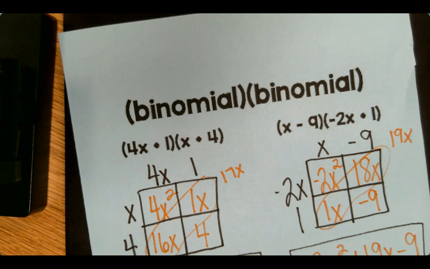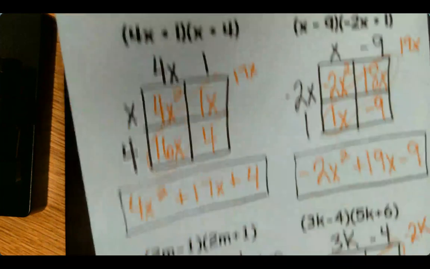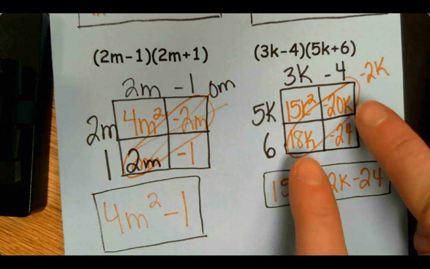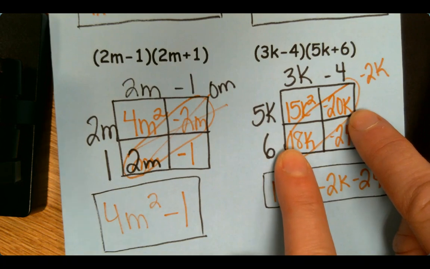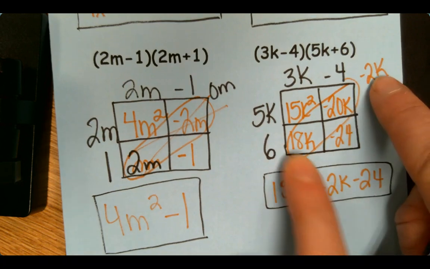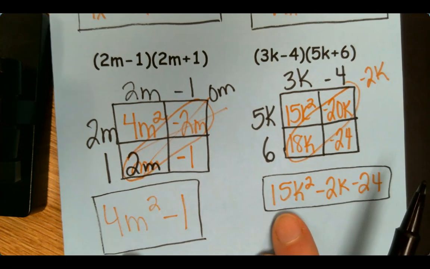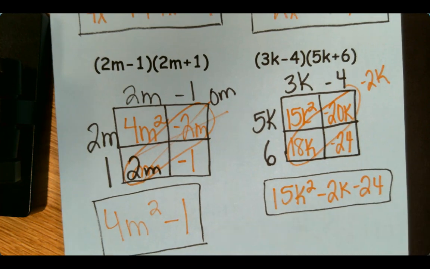About to show you my answer. See how you did. Okay, here's mine. Check your work. So those diagonals, see how that's a negative 20 and that's a positive 18? So you subtract them and keep the sign of the larger number, so that's why that's a negative 2k. And so this is your final answer, 15k squared minus 2k minus 24.